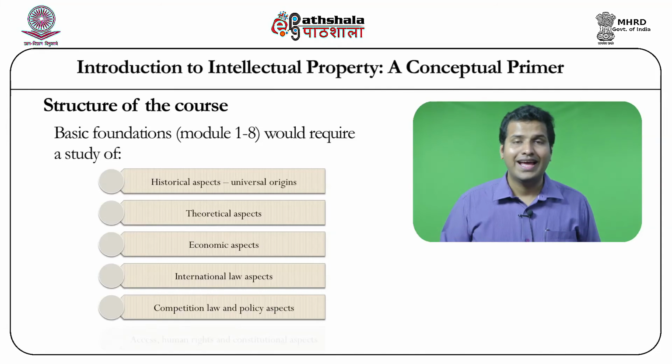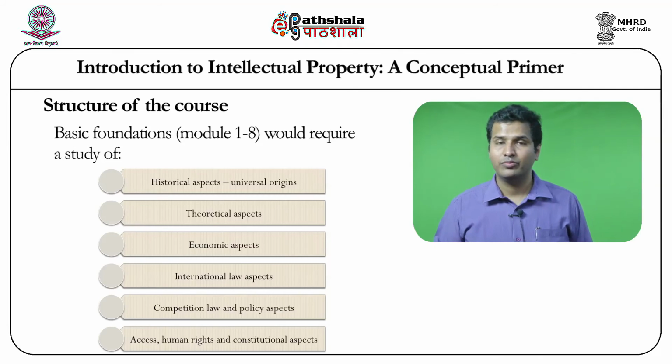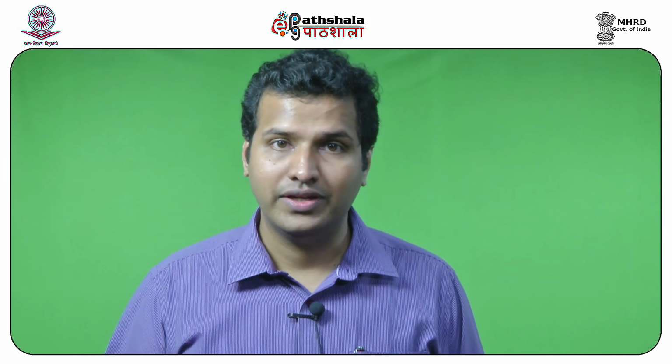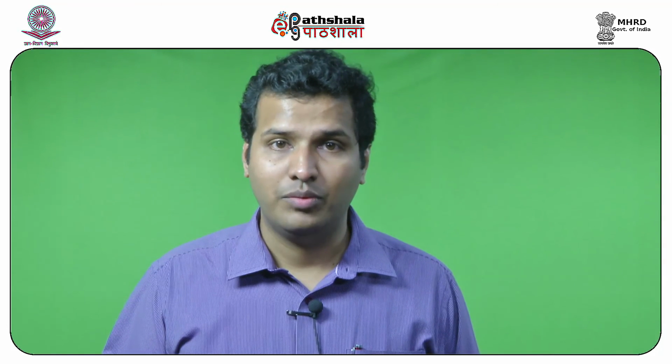Finally, access, human rights and constitutional dimensions of intellectual property have to be understood. So, in this module we are going to understand the public policy aspects involving the effects of intellectual property rights, primarily because intellectual property rights allows through its market exclusivity to raise prices, and how price based competition might be stifled due to certain kind of use and abuse of intellectual property.